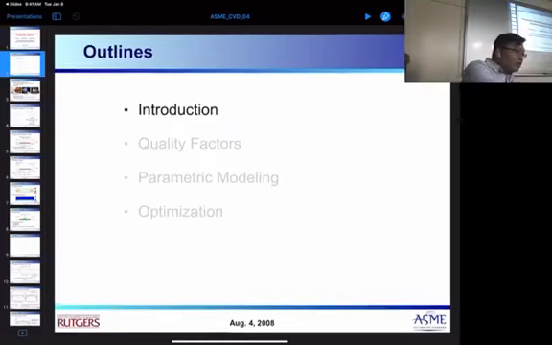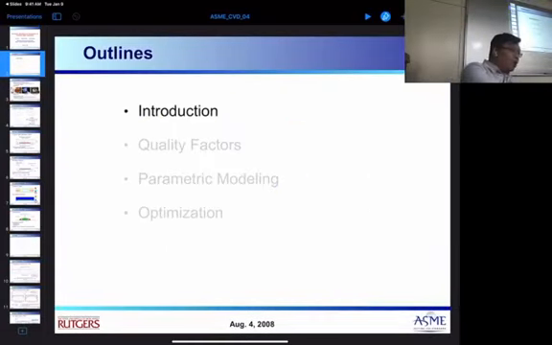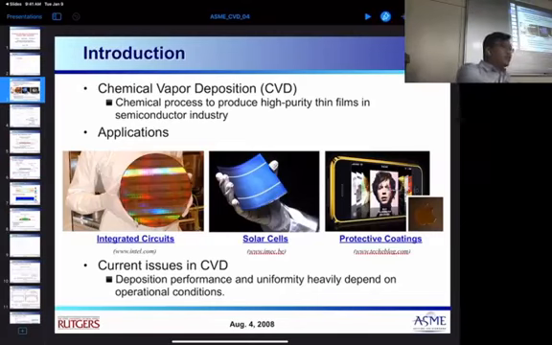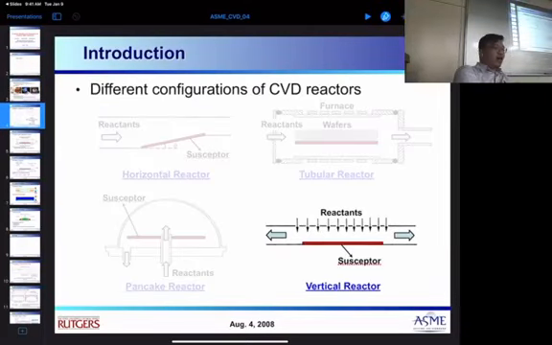Okay. So what was I doing? I was doing CVD. You must have heard of CVD in the past. It's a semiconductor process, and it helps you deposit chemicals on top of something. I was working on a kind of CVD reactor, the vertical type, where you have chemicals coming from the top, and at the bottom you have heating.